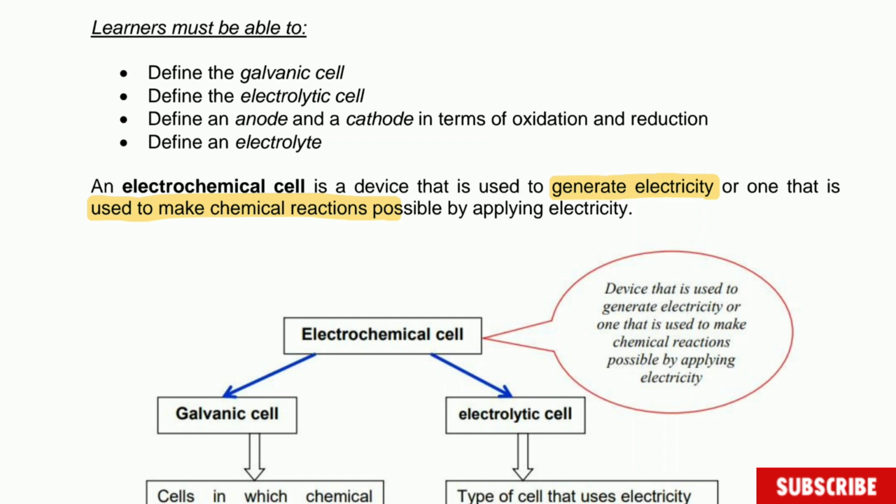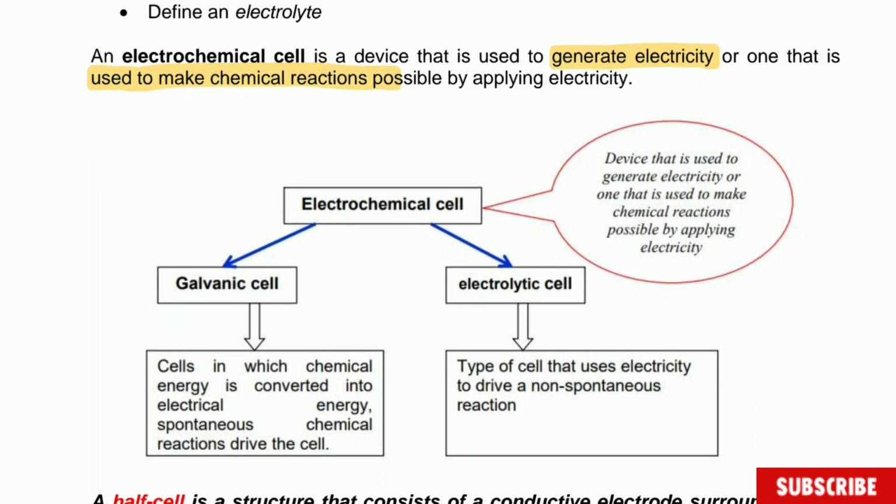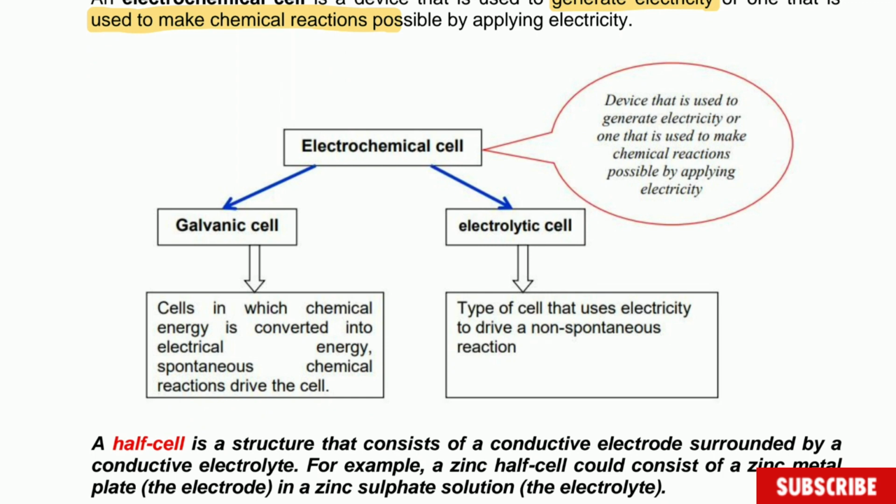We're going to have two main types of electrochemical cell: a galvanic cell and an electrolytic cell. This is like electrical machines, where we have an alternating current generator and a motor.